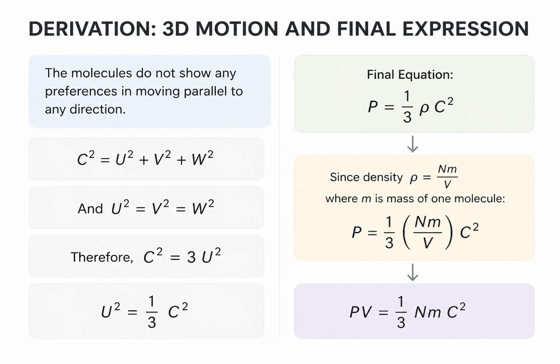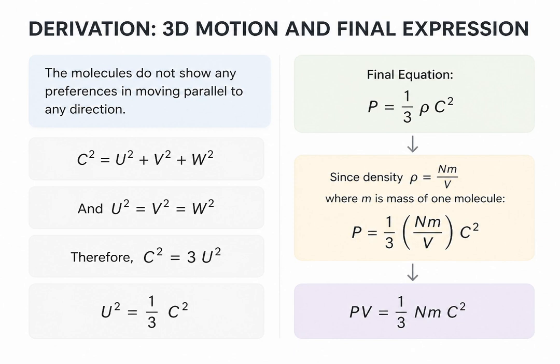We are almost there. So far, we only considered motion in one direction, u. But molecules move randomly in 3 dimensions, with velocities u, v, and w. The overall mean square speed, c squared, is the sum of u squared, v squared, and w squared. Because motion is random, there's no preferred direction, meaning u squared equals v squared equals w squared.